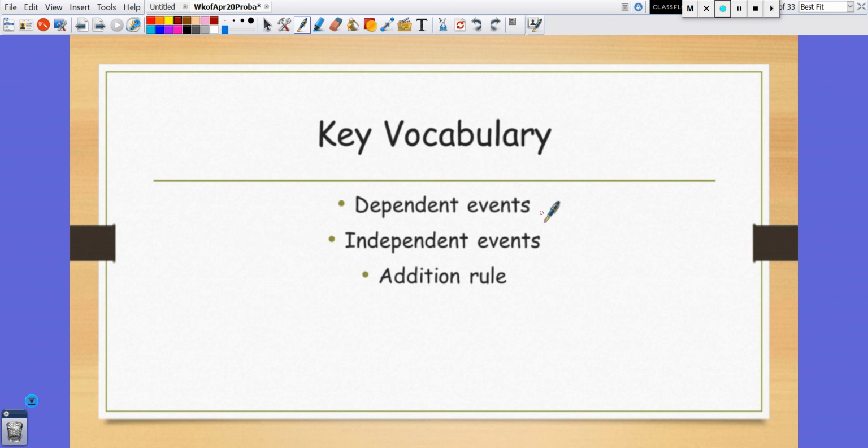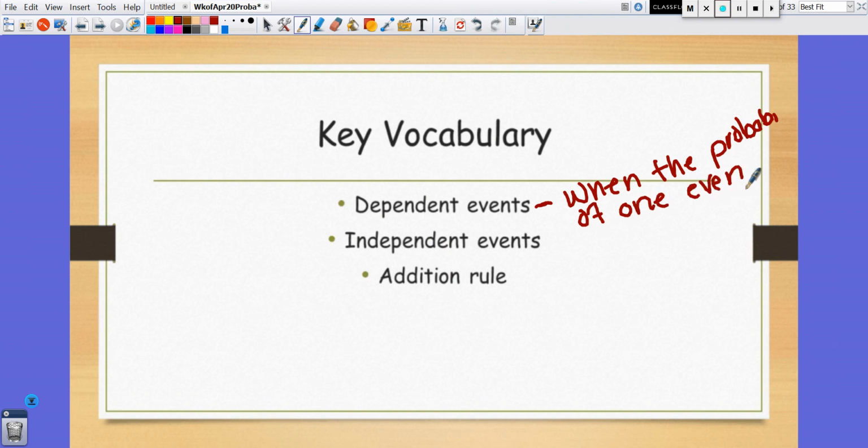A dependent event is when the probability of one event depends on the other event.